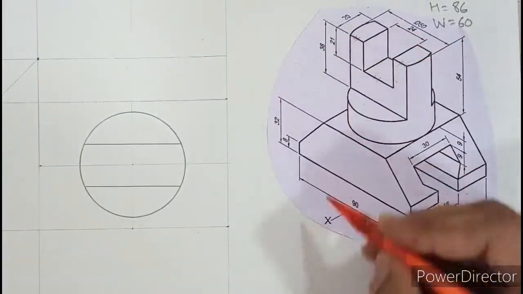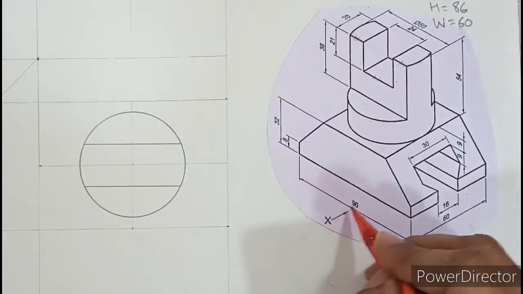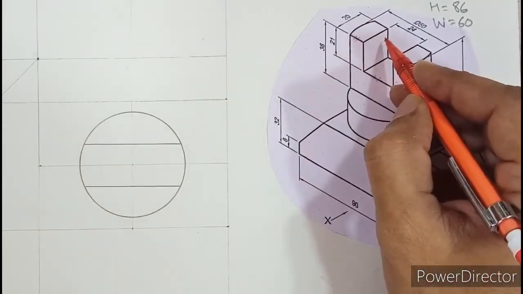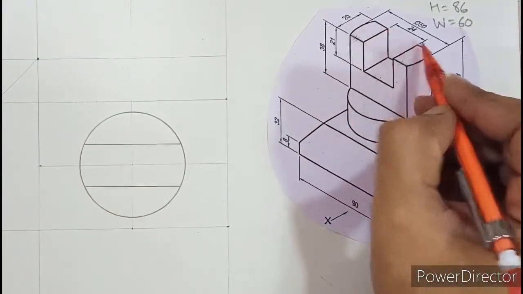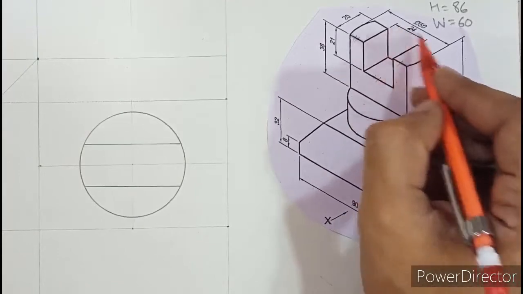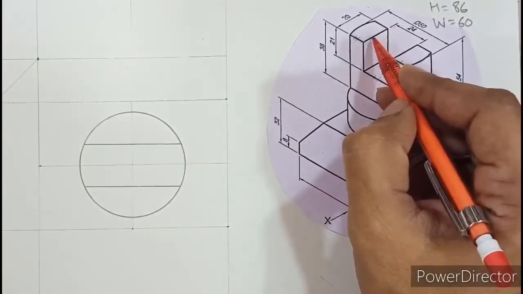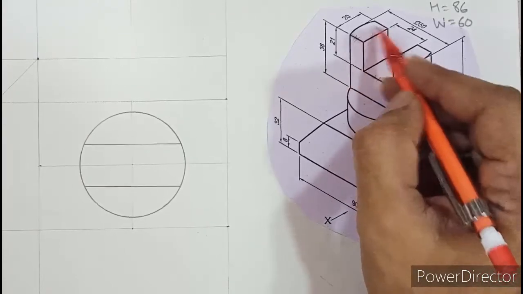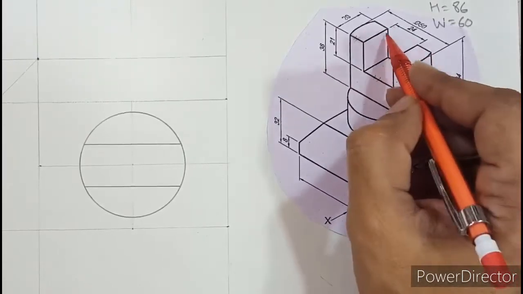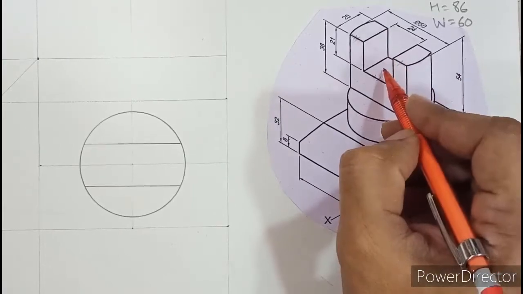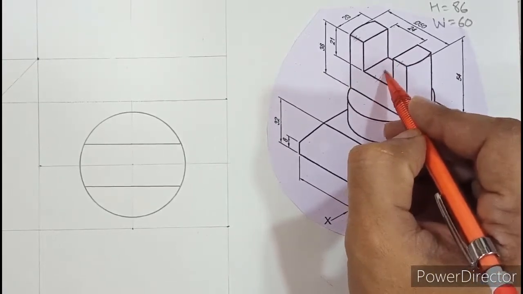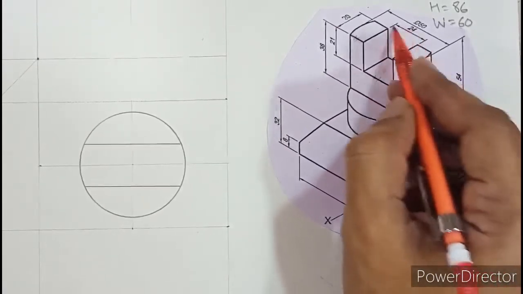Okay, apart from that, stand along the x direction and look in the top view. You can see two more lines which are 24 apart. So from the line of symmetry, it is 12 on either side, and that should cut this thickness of 20 mm. So I can see two more edges, or you can see that at the bottom there is a flat surface which is 24 wide.